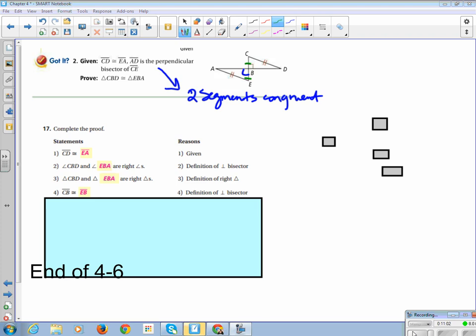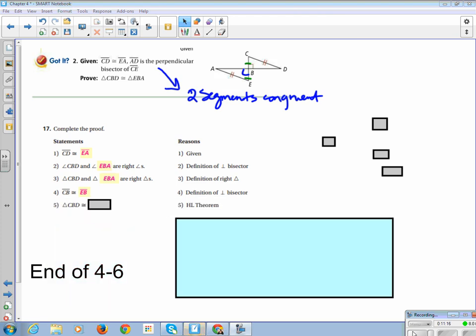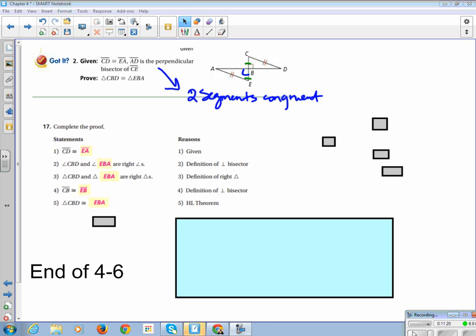If you are a perpendicular bisector, not only do you make a 90-degree angle, but you cut the line segment in half, so you have two congruent sides. All right, so therefore, triangle CBD is congruent to triangle EBA by the hypotenuse leg theorem. We got a hypotenuse, we got a leg, we got a 90-degree angle, so we can say hypotenuse leg.